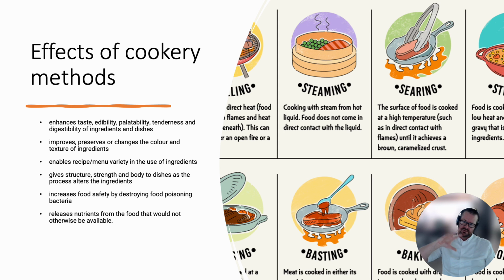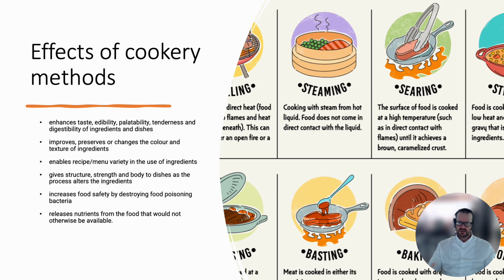So I talked about this sort of right at the beginning, and I'm about to talk about cookery methods, but all the different cookery methods that we have create different effects on products, and that's why we have all these different cookery methods, right? Sometimes it's about releasing nutrients from the food. Sometimes it's about focusing on food safety.